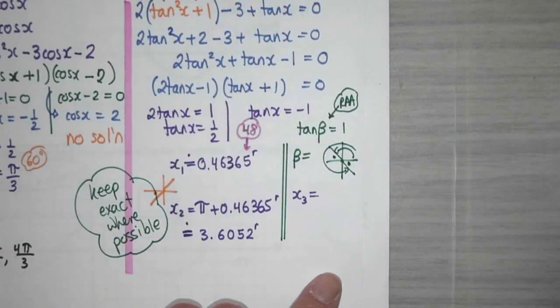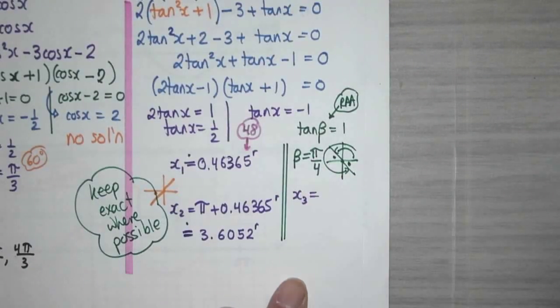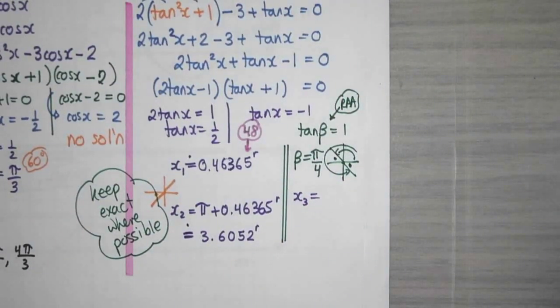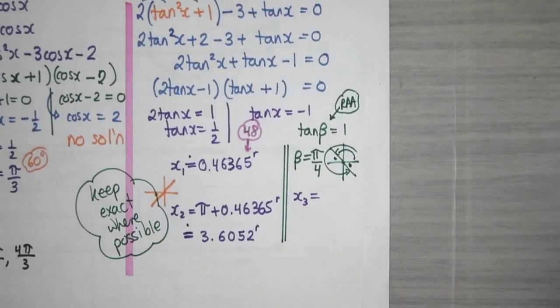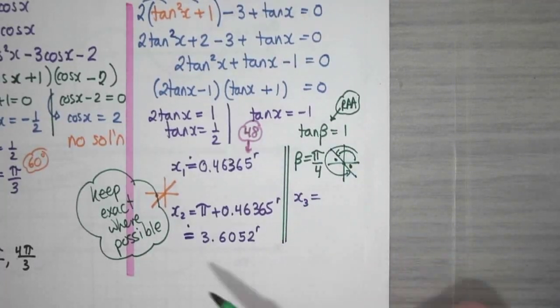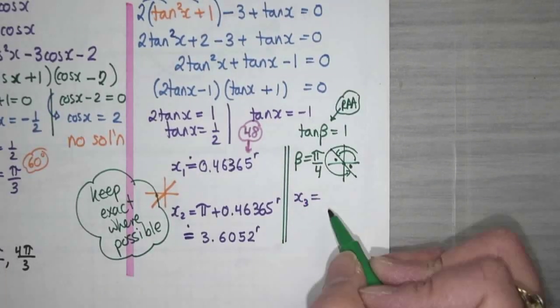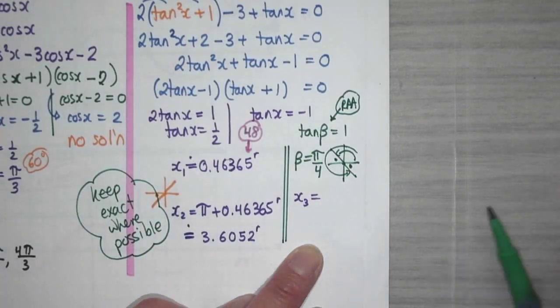How much is b? If it's 1? Pi over 4, yes. Right? So you should hopefully recognize it's 45 degrees. Opposite to adjacent is 1 over 1, so it's pi over 4. I'm hoping that I'm going a bit faster now because you're recognizing the special angles. 1 over 1 is pi over 4. So then I know for x3, that would be 3 pi over 4.